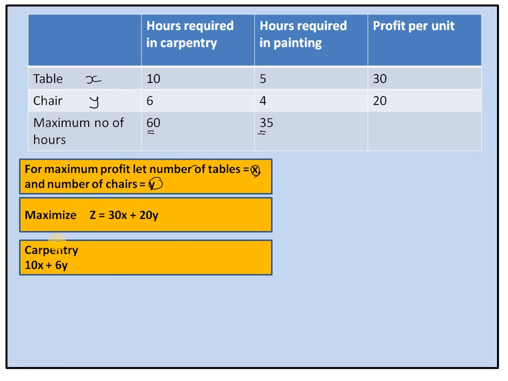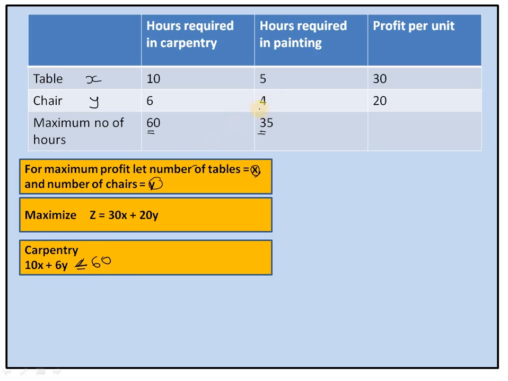I have to do work of 10 times X plus 6 times Y. So many hours work I have to make in carpentry, and that should be less than or equal to 60, because I got maximum hours available in carpentry department only 60.